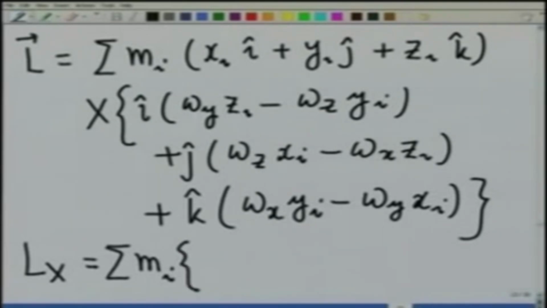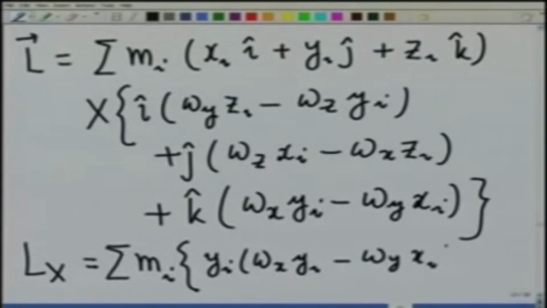For the x component, let us start multiplying. j cross k would give me one component, that will be yi (omega x yi minus omega y xi), plus k cross j would give me a component, that will be minus zi (omega z xi minus omega x zi).